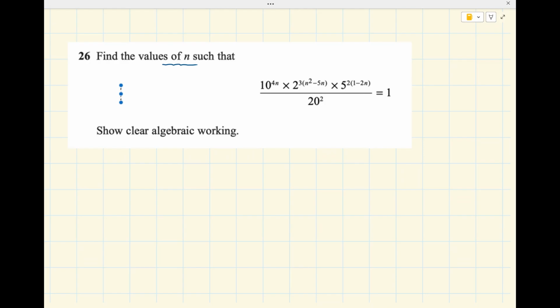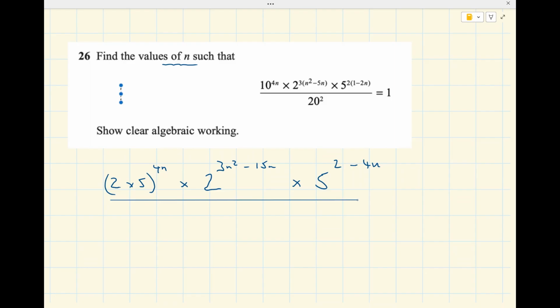I've got 10 to the power of 4n, so that's going to be 2 times 5 to the power of 4n, times 2 to the power of, I think I'll multiply out that bracket, 3n squared minus 15n, times 5 to the power of, let's multiply out that bracket, 2 minus 4n. And all of that over 20 squared equals 1. So 20 is 2 times 2 times 5 squared. And all that has to equal 1.